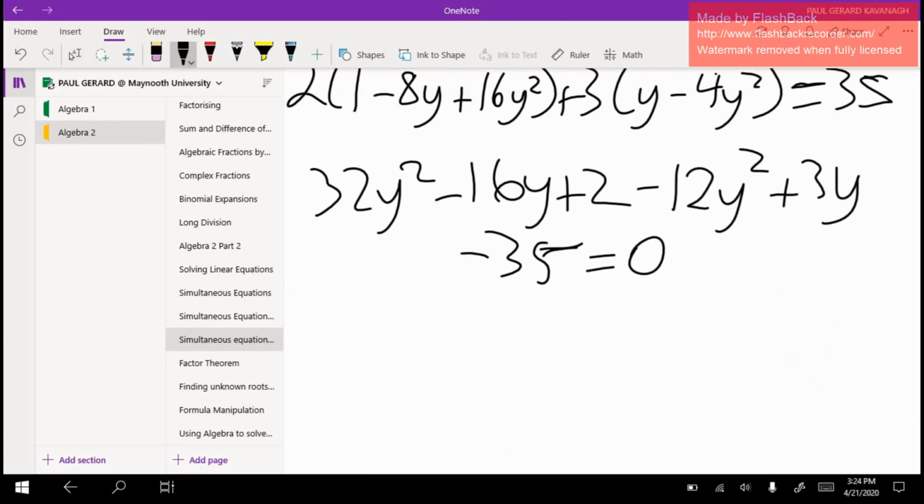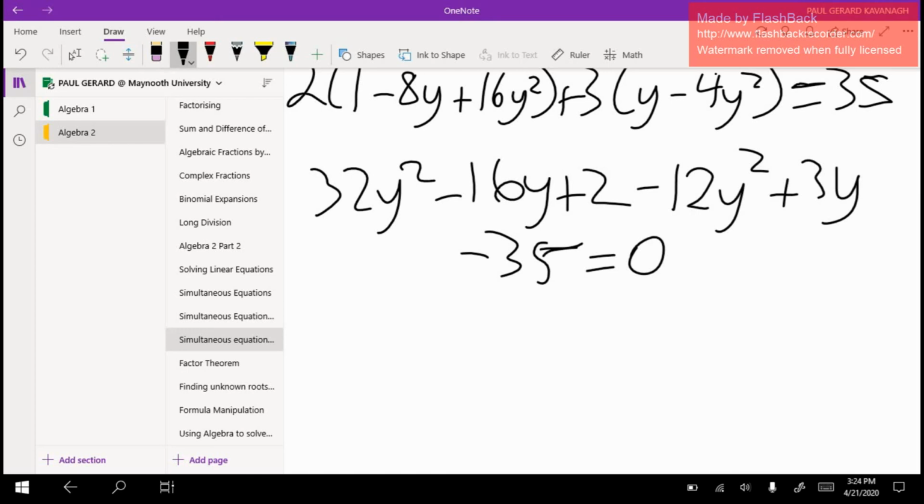You're using 0 because basically the quadratic will form a curve, so you know that the solutions are going to be where it crosses the origin line, so that's why you would use 0.